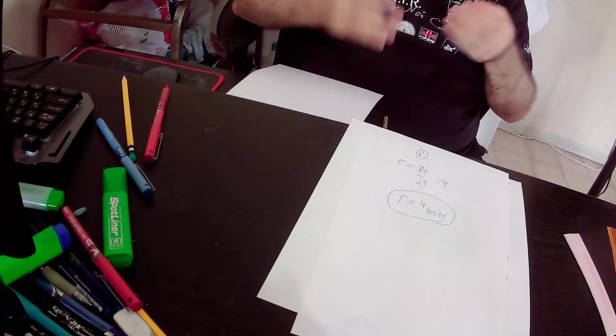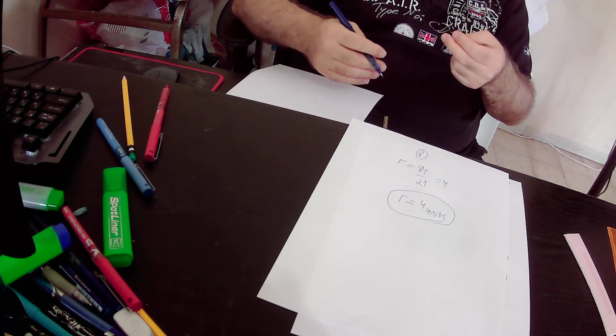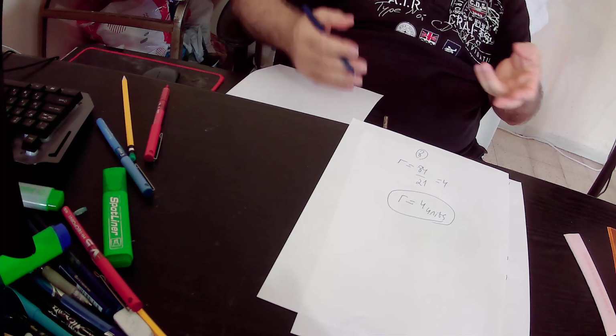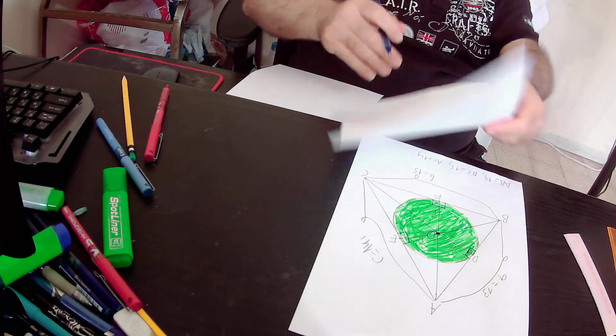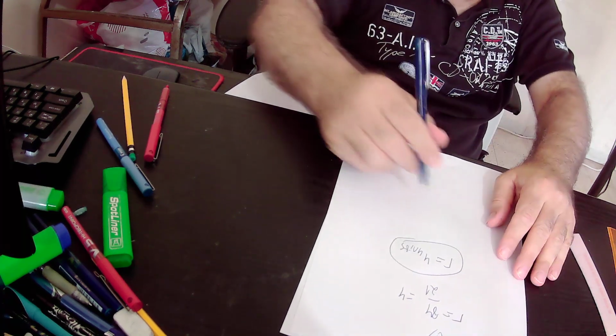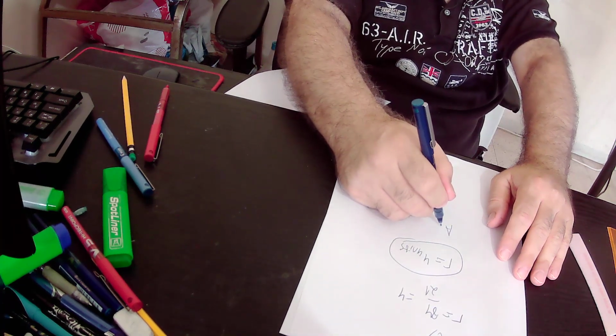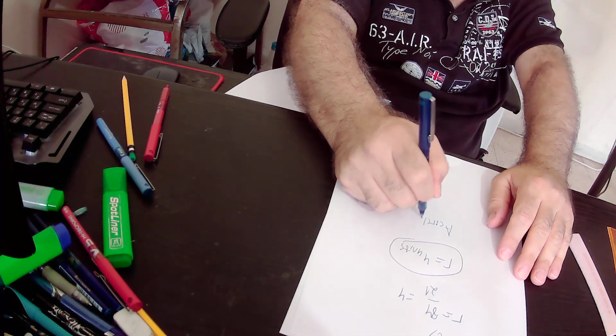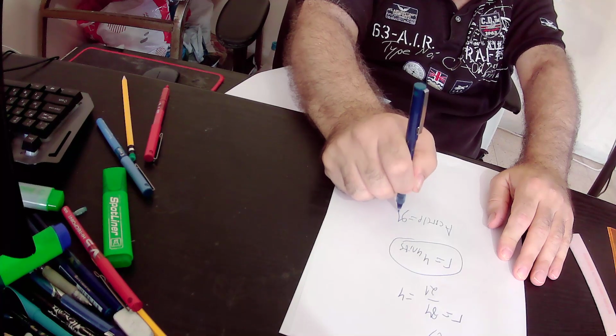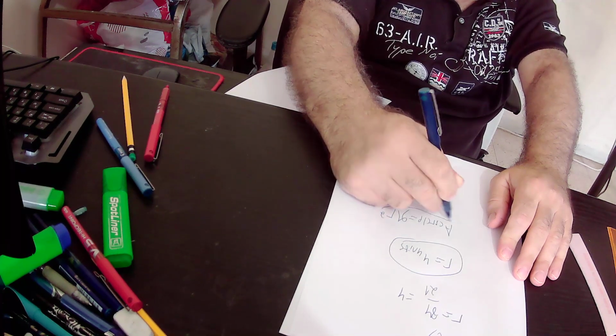After we know the value of the radius of the green circle, it is very easy to find the area of the green circle, because the area of any circle equals pi times the radius of that circle squared. That is the formula.